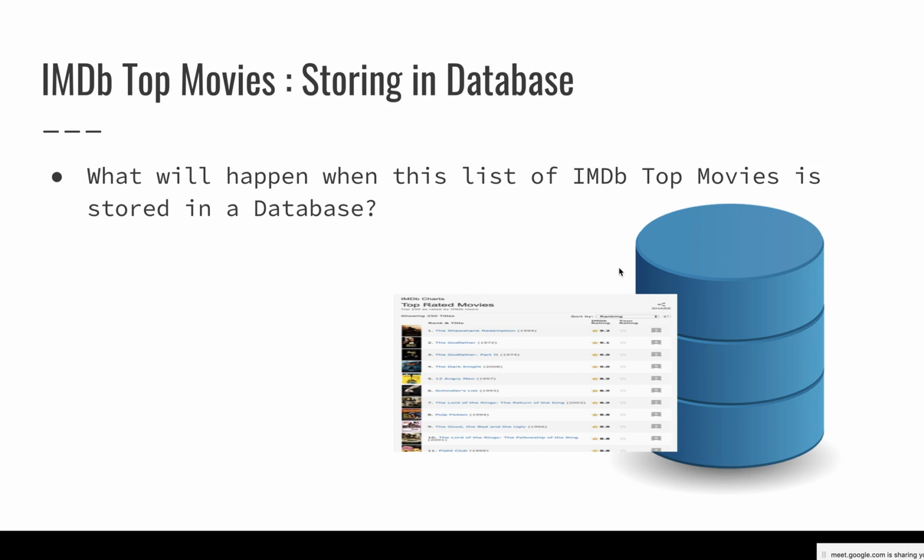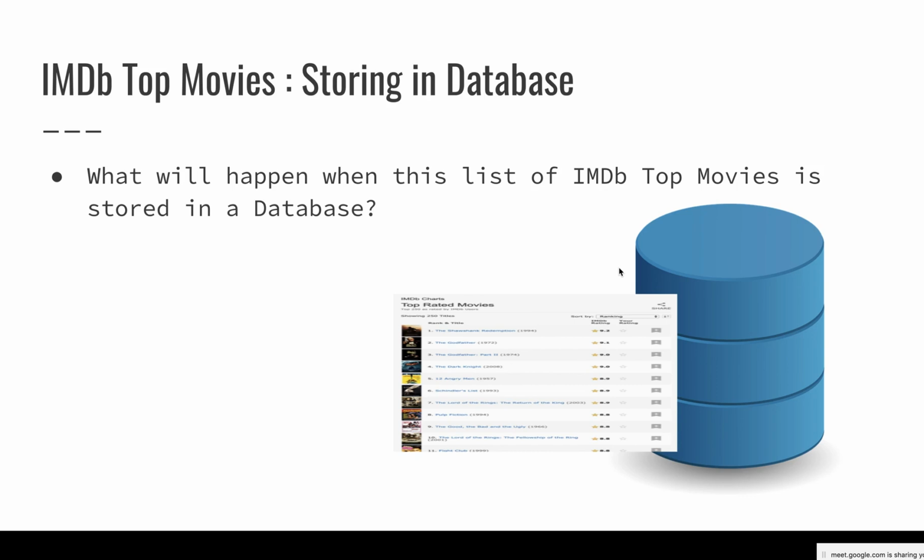Many of you would know that a database is disk based storage, correct? Now think about this question: what will happen if this list of IMDb top movies is stored in a database? Think about it and respond in the chat.